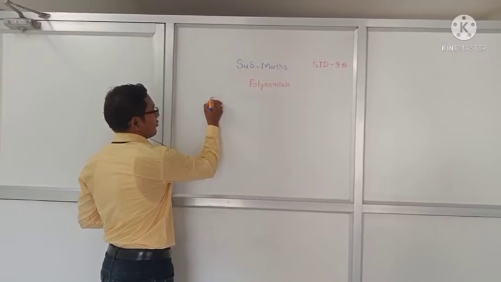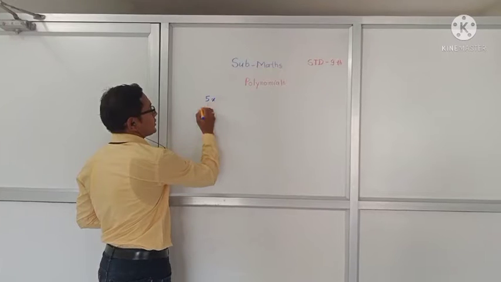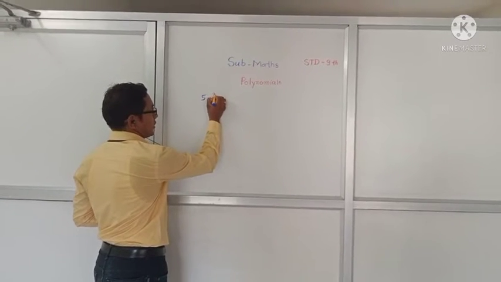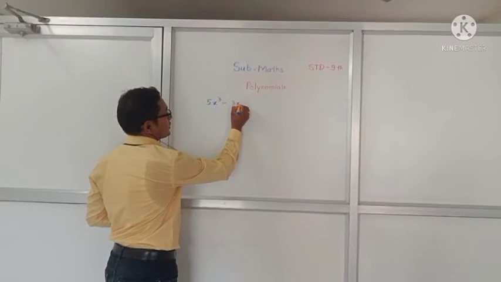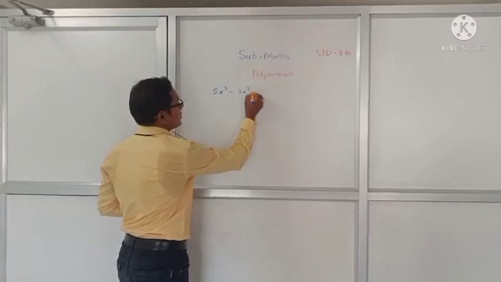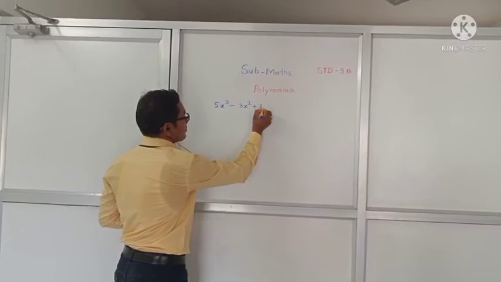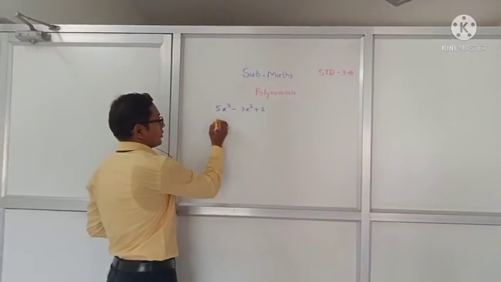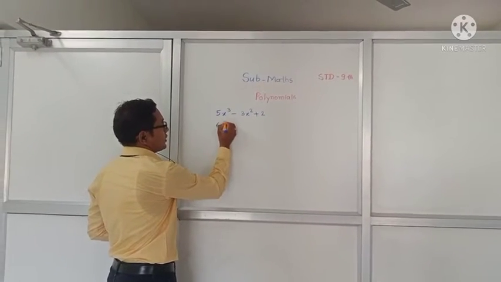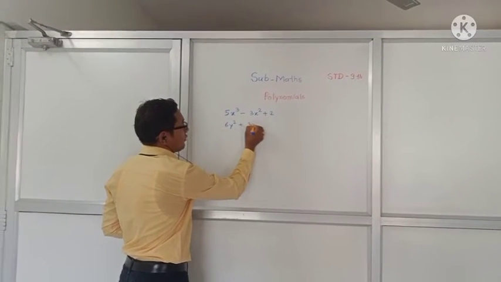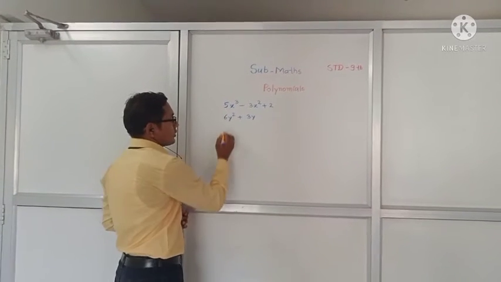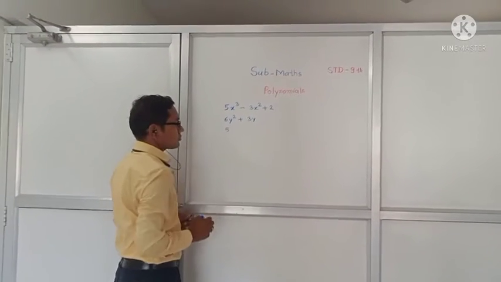First is 5x raised to the power 3 minus 3x raised to the power 2 plus 2. Then 6y raised to the power 2 plus 3y plus 5.